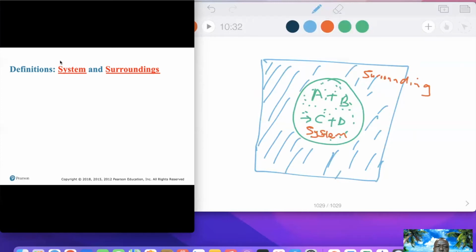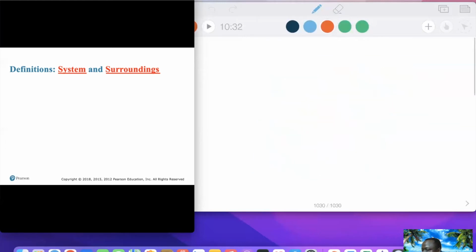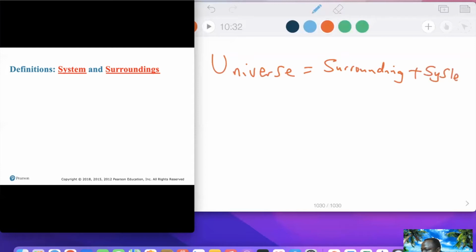So moving forward, when we talk about the system, think of the area of interest. The rest is what we call the surroundings, or sometimes the environment. There is an equation you need to know: the universe equals the surroundings plus the system.